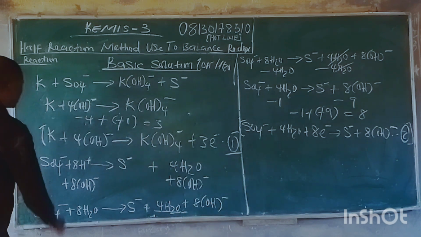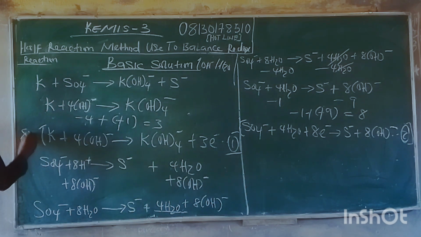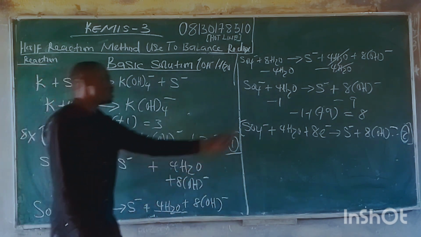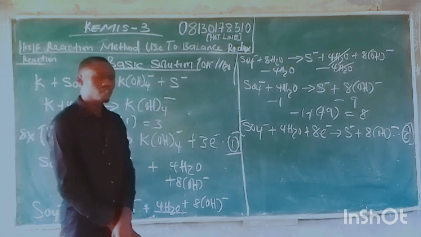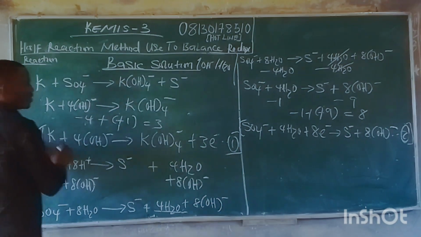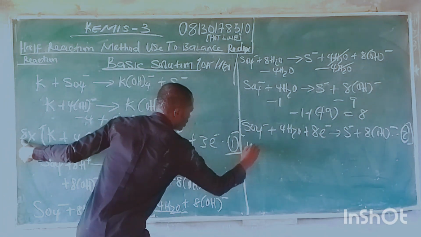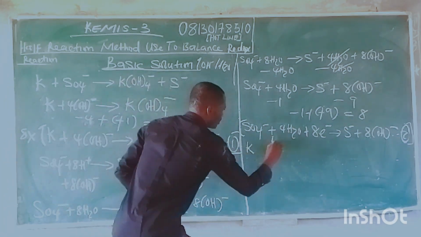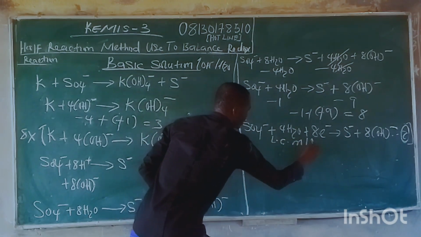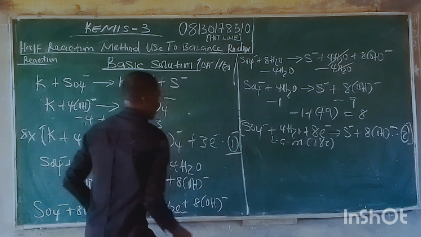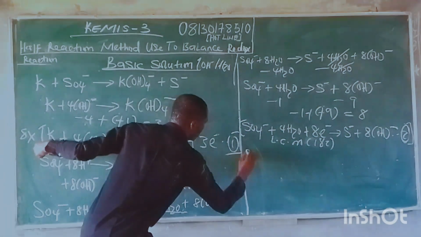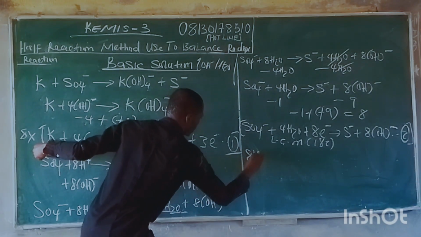So I'll pick up this equation, multiply it by 8, pick up this equation, multiply it by 3, so I can cancel out the electrons. Let's go. Multiplying by this now will give me 8 potassium.